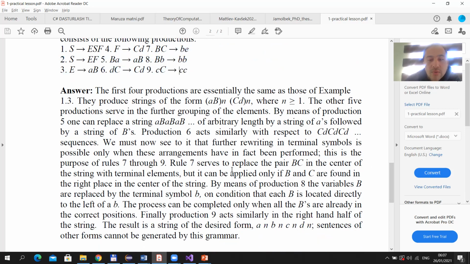And rule 7 serves to replace the pair BC in the center of the string with terminal elements, but it can be applied only if B and C are found in the right place, in the center of the string. And by means of production 8, the variable B is replaced by the terminal symbol b, on condition that each B is located directly to the left of a b.